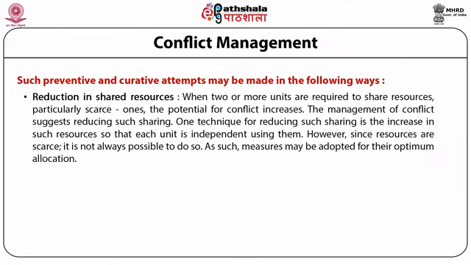Reduction in shared resources. When two or more units are required to share resources, particularly scarce ones, the potential for conflict increases. The management of conflict suggests reducing such sharing.